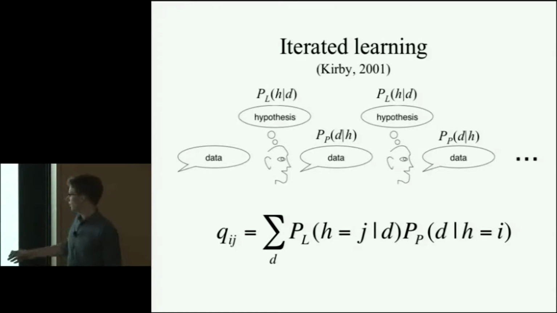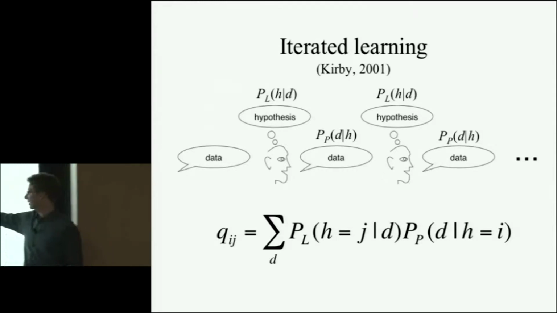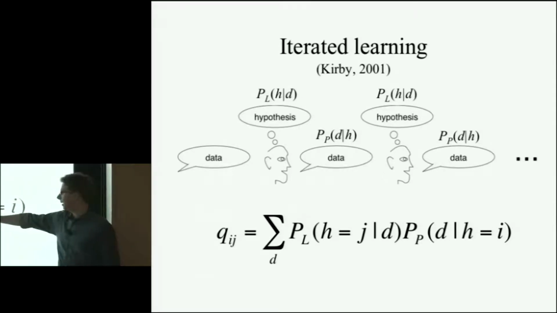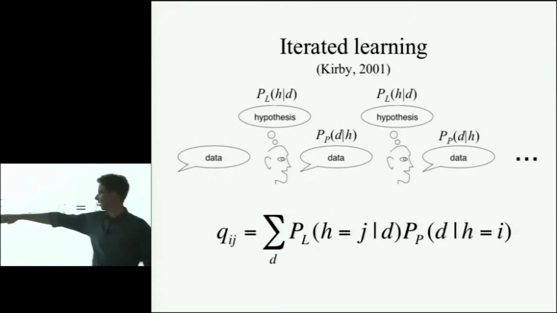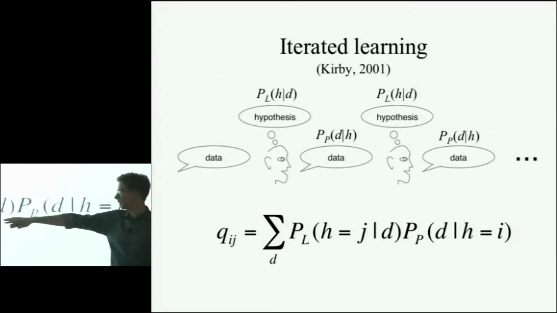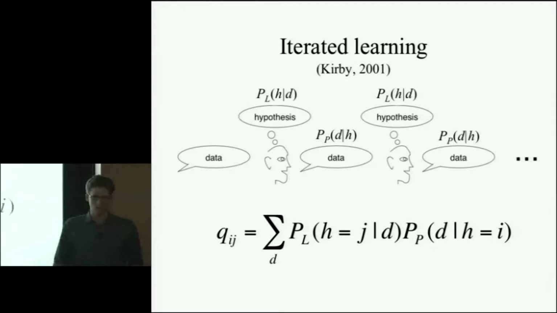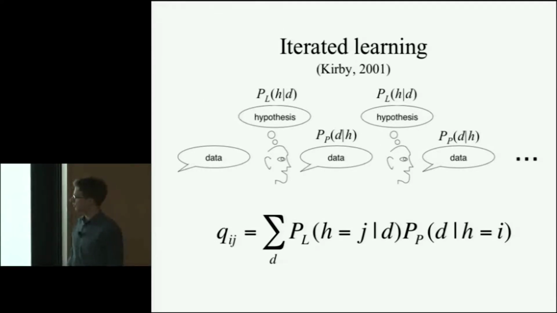So we just say, what's the chance that you get a particular piece of data D from that previous learner, and then what's the probability that you select the hypothesis I, given that you observe those data D, and then we just sum over all of the possible pieces of data that you could have seen. And that gives us these transmission probabilities that characterize the sort of mutation that underlies this process.